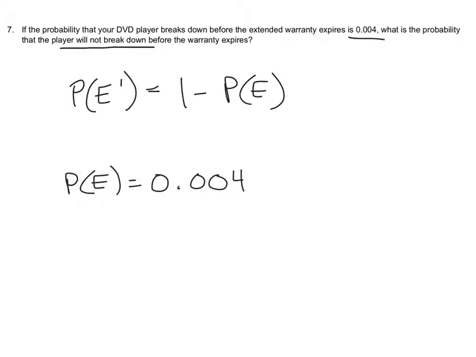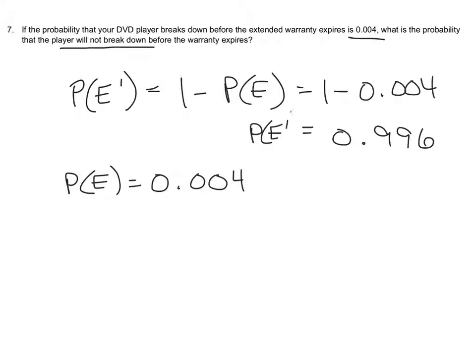Now the complement formula equals 1 minus the probability. So we'll just substitute in our answer for the probability to find the probability of the complement. So we have 1 minus 0.004, and when we do that on the calculator, we get 0.996.